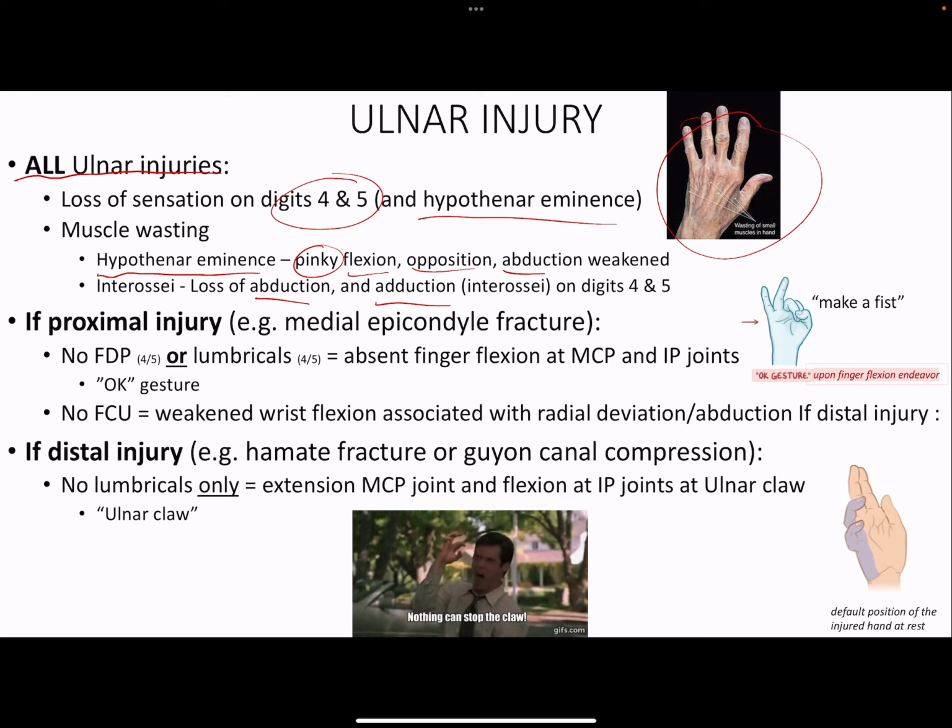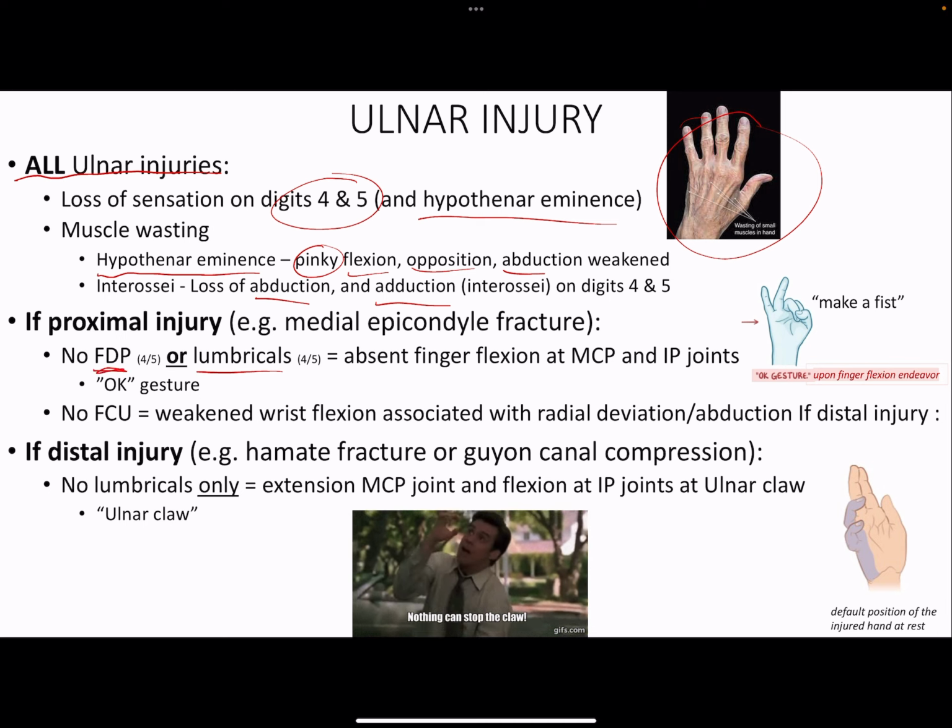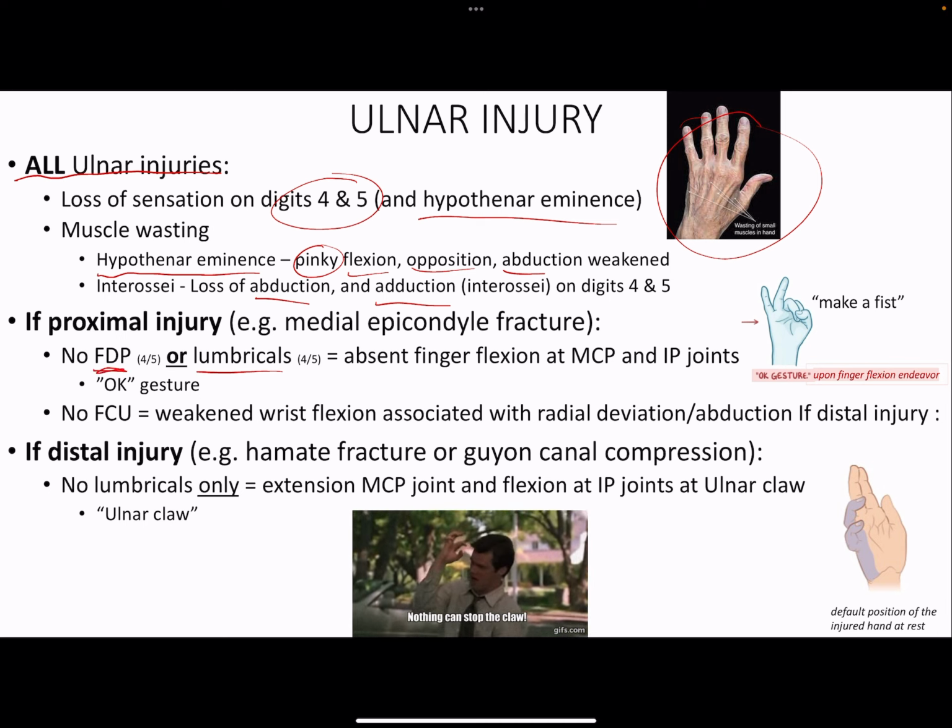All right, so if there is a proximal injury, proximal meaning at the elbow or something, like a medial epicondyle fracture, now we don't have lumbricals and we don't have the flexor digitorum profundus to digits 4 and 5. So it means there's no flexion at all, and that means you only have extension. The way that you can see this is that normally all 5 fingers could be extended.